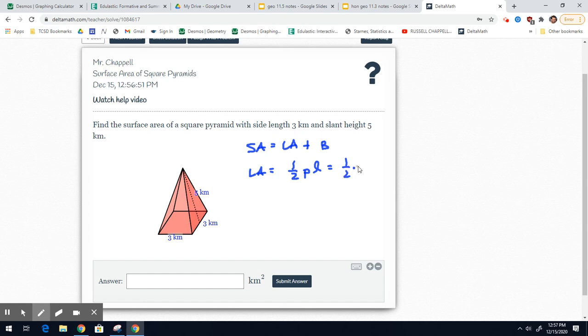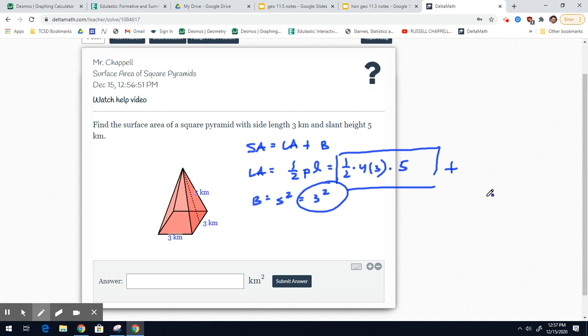To find the lateral area, you need to take 1/2 the perimeter of the base times the slant height. That'd be 1/2 times 4 times 3, because that's the perimeter of your square base, times 5, which is your slant height. To find the area of this base, it is a square, so we would go side length squared, and that'd be 3 squared. And here's what I'm going to do. I'm going to take this, I'm going to add 3 squared.